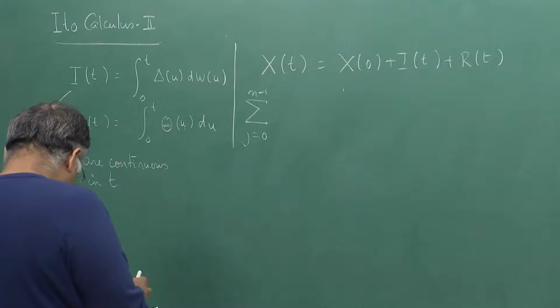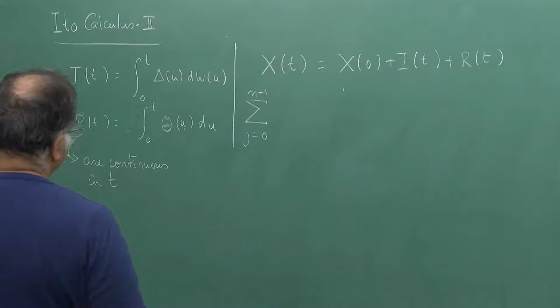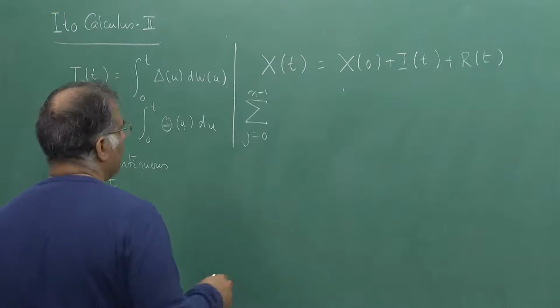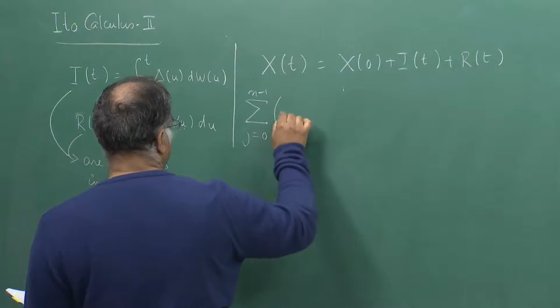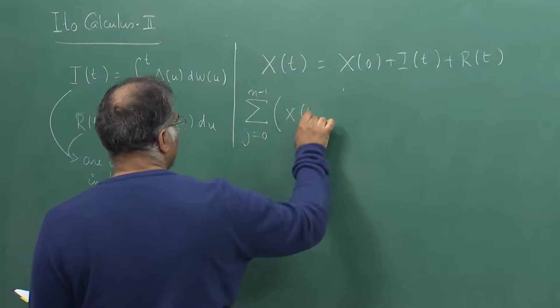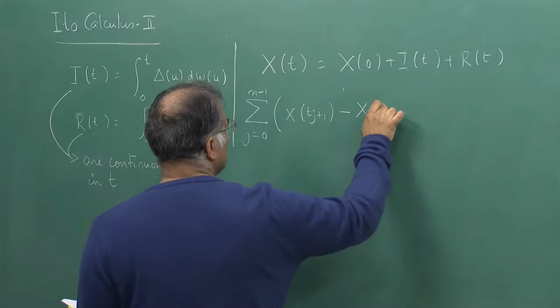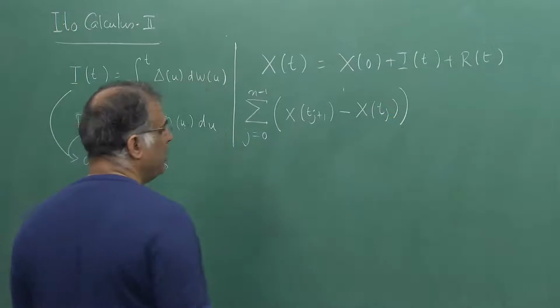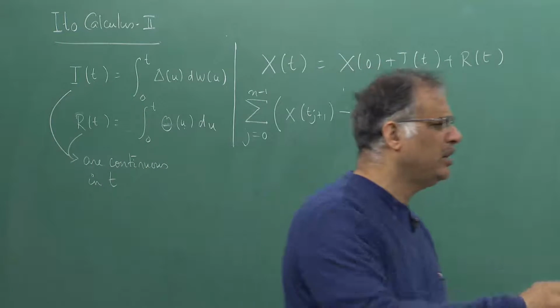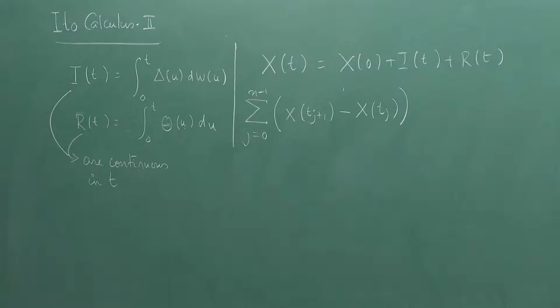I tend to forget this name. So, this I will write as x of t j plus 1 minus x t j, where the partition is as before. I am not writing the partition every time because that is boring to write down the same thing over and over again.